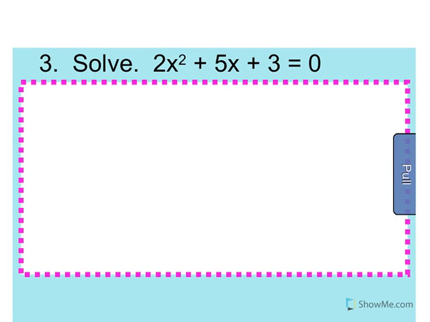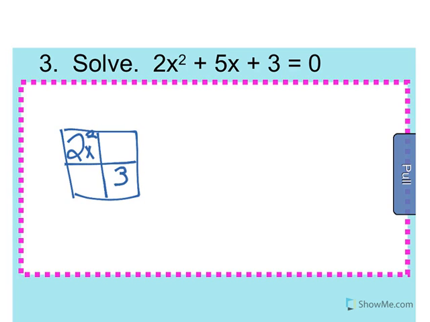So let's look at our next one. This is the one that tends to throw us the most. If we go ahead and go right to the box, remember first term, first box, last term, last box. Now I need to figure out what two terms go in the middle. I need to find two numbers that multiply to a times c, which is 6, and my same two numbers must add to the middle term b, which is 5.